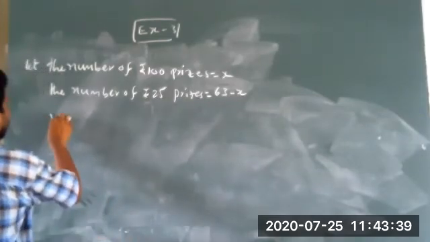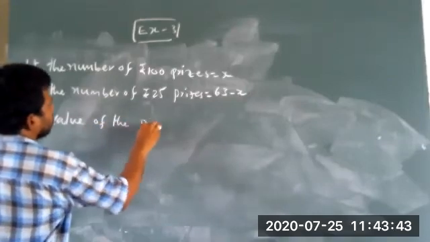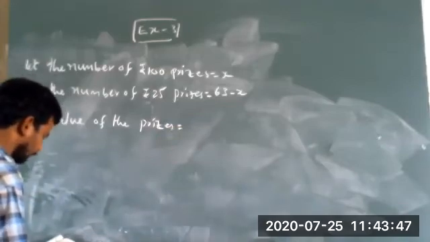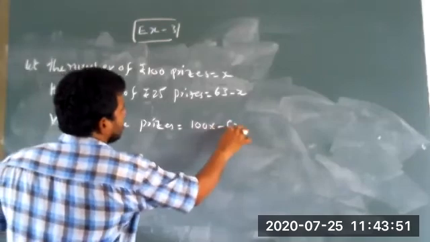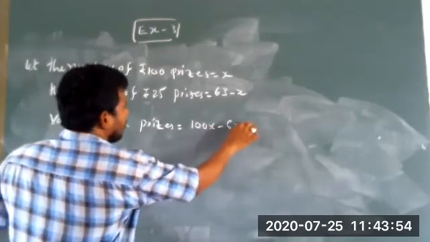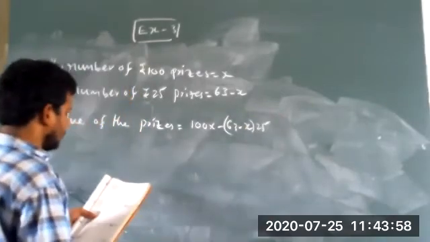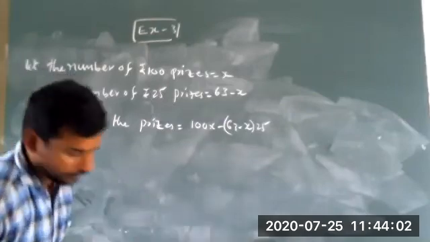Value of the prizes equals 100x plus (63 minus x) into 25.